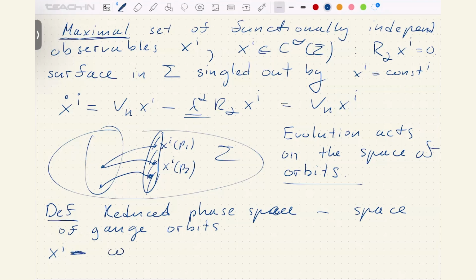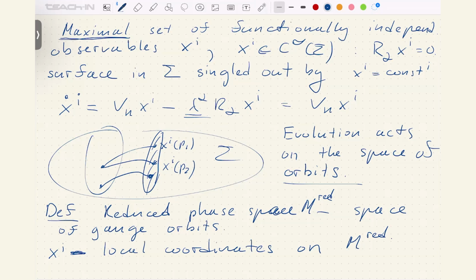Xi are coordinates, strictly speaking, local coordinates, because our considerations are local, on let's call it M_red. And they are precisely the observables, and the evolution is well defined in terms of this reduced space.